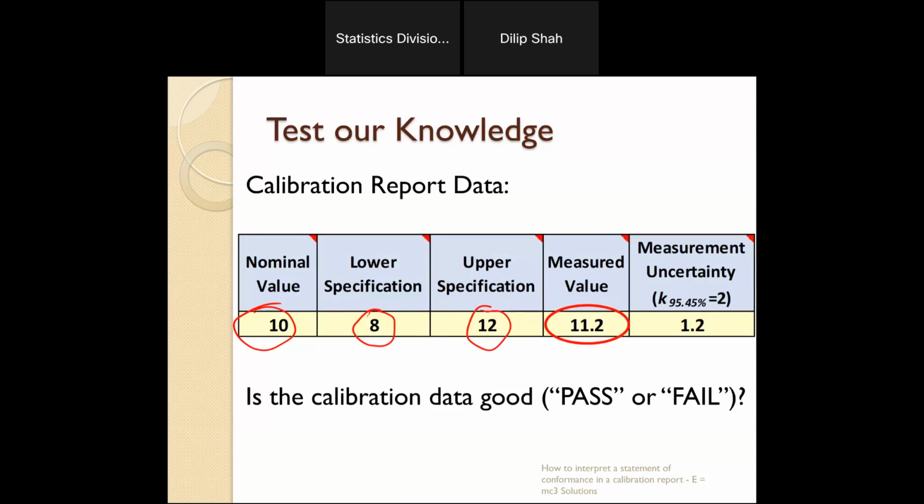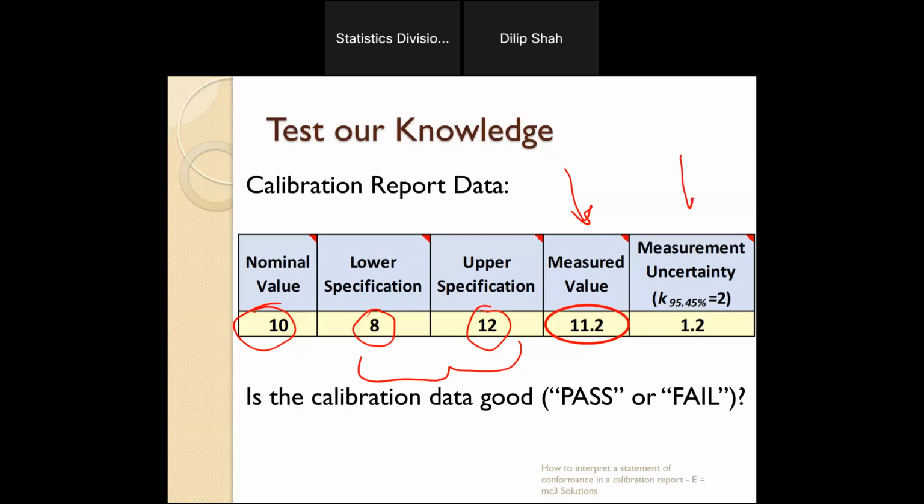And if that measured value, which is here in this column, 11.2, is within the plus or minus, within 8 and 12, we call it a pass. And that's what our traditional approach was. Yes, it is within the upper and lower specification. So 11.2, we call it a pass. But is it really a pass?